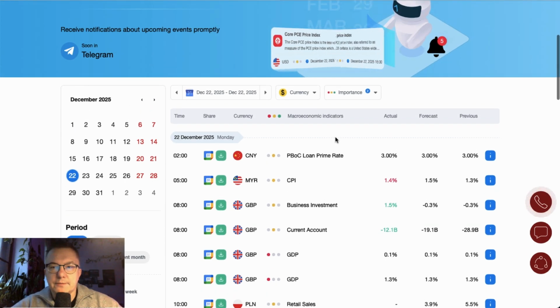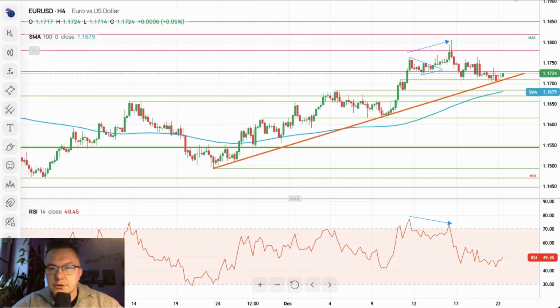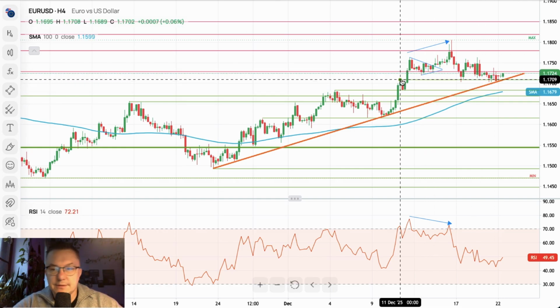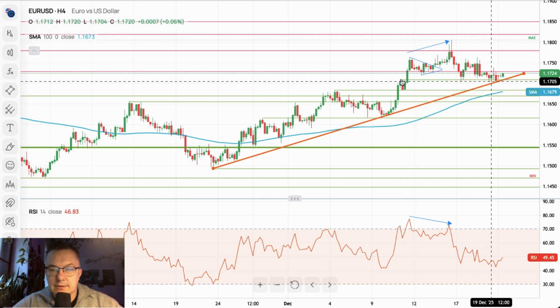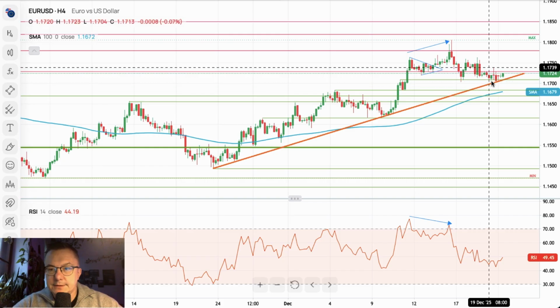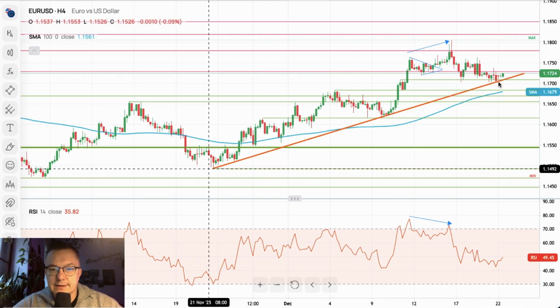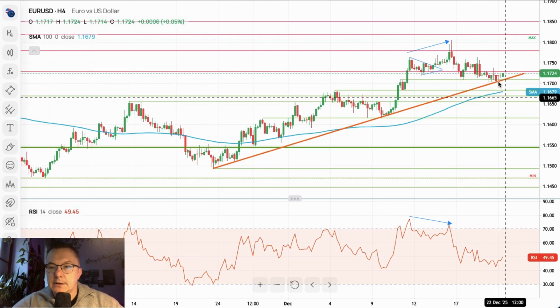We start with euro dollar. Euro dollar on the four hour time frame chart is showing us a test of the technical support at 1.1708. The local low was made a little bit lower, 1.1704. Nevertheless, it's clear that this trend line is being tested yet again.